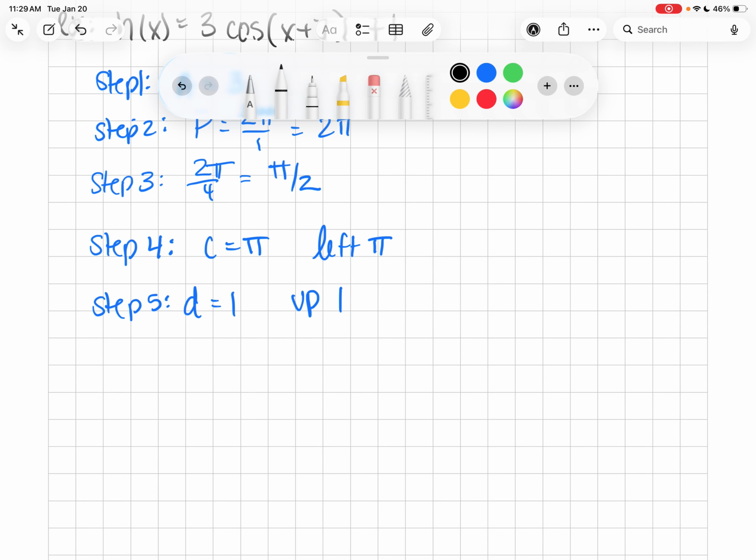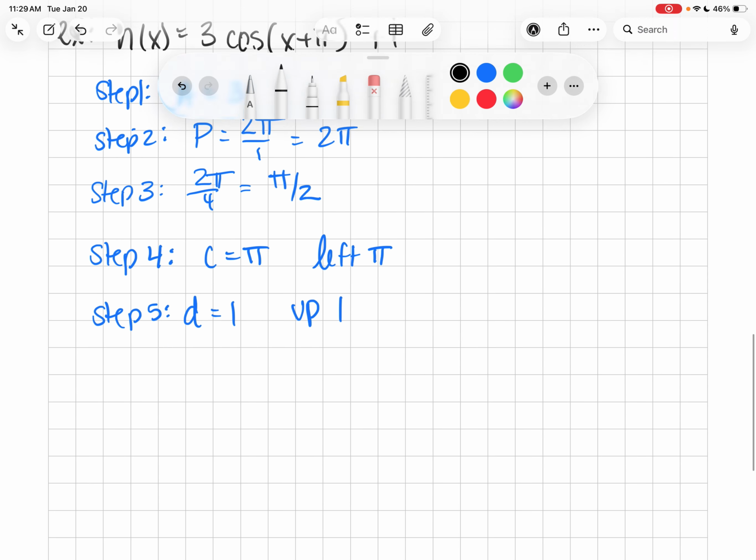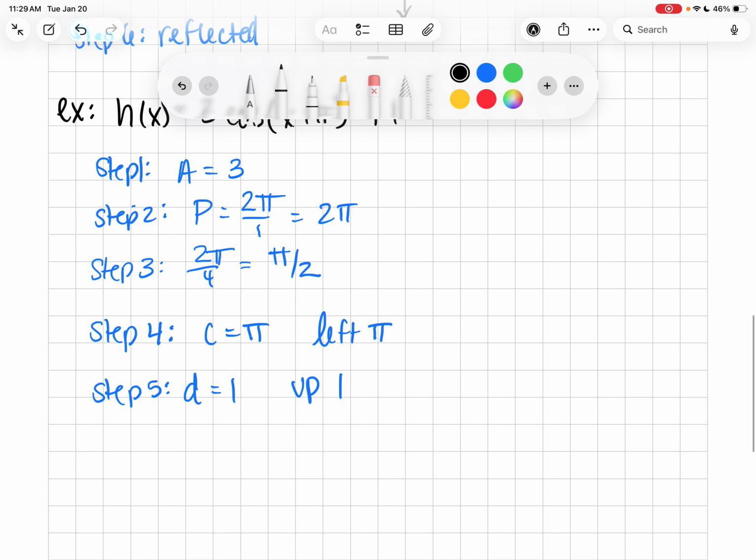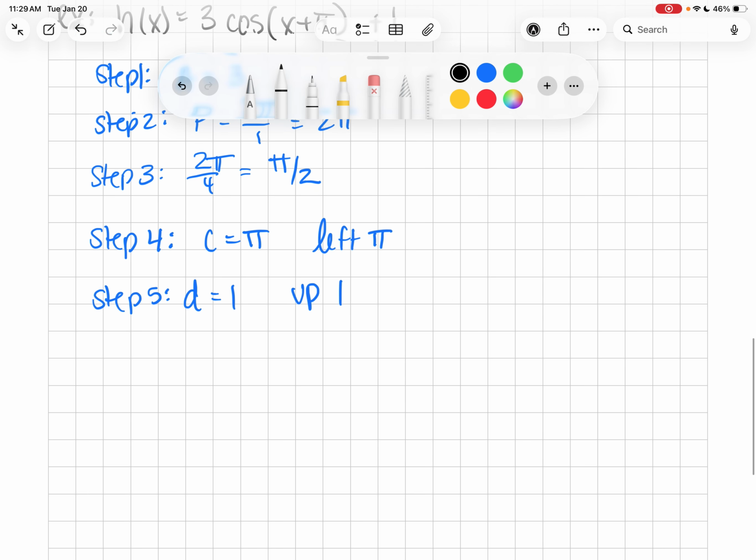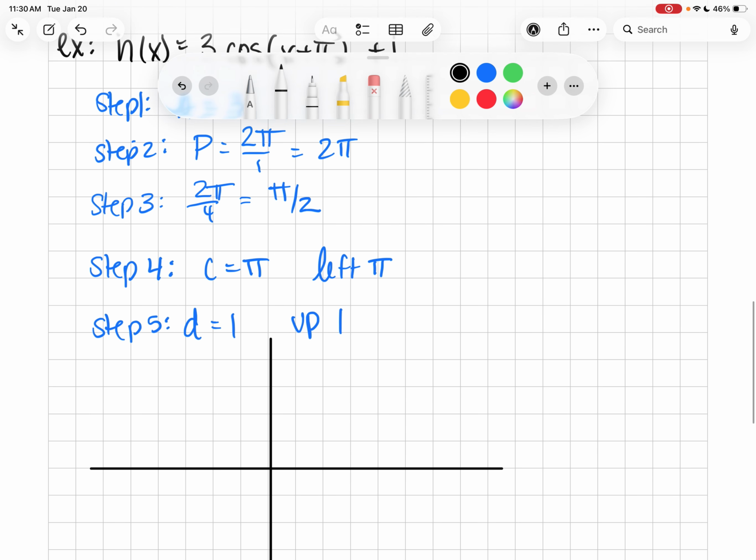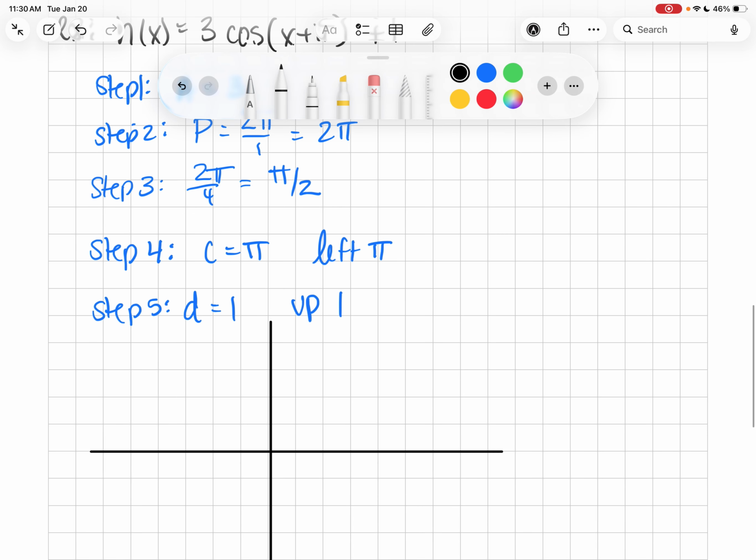All right, so I'm going to set up my graph here. Now, I have an amplitude of 3, but I know it's going to be going up 1, so I need to make sure I have room for that to happen as well. So on my axis, I'm going out to 2 pi, increments of pi over 2.